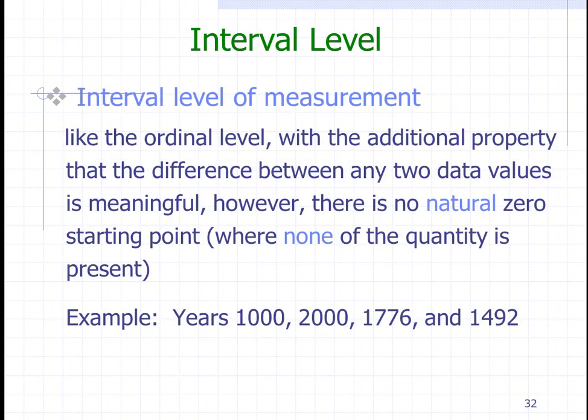Then there's the interval level of measurement. We can look at the difference between the data points, but there's no natural zero. So when we're talking about the year, we know that from the year 1000 to the year 2000, 1,000 years have passed, but we cannot say where the year 0 is.